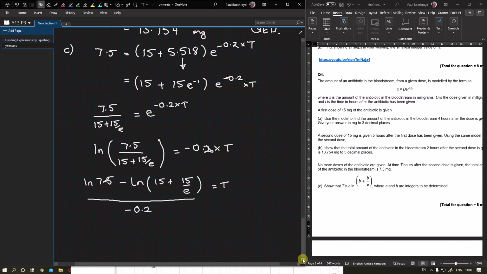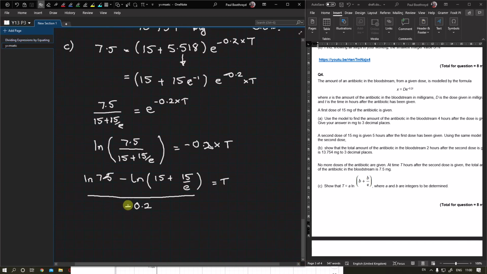And when we rearrange it, the minus flips this round, so we've now got our ln of 15 plus 15 over e to be divided by, swap those round, so this is now a division sign on the inside.